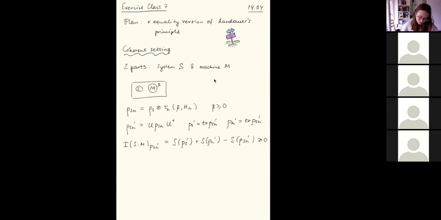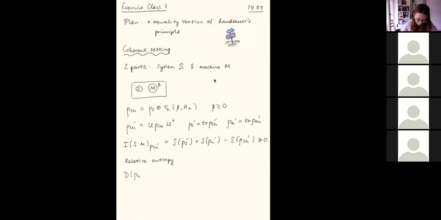The other quantity that we will need is something that we saw in the previous exercise class. It is a relative entropy, but just our normal relative entropy in the sense of Shannon entropy. This is the relative entropy of the final machine state with regard to its initial state.